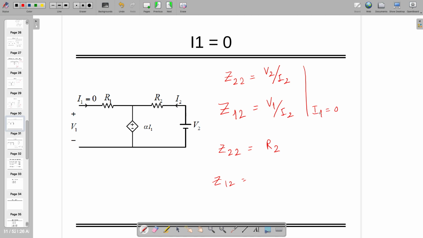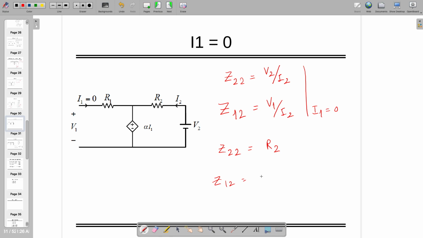How did you get this? Are you sure? Okay, if you are sure, no problem. Those who didn't get this answer, can you raise your hand? R2. Right.